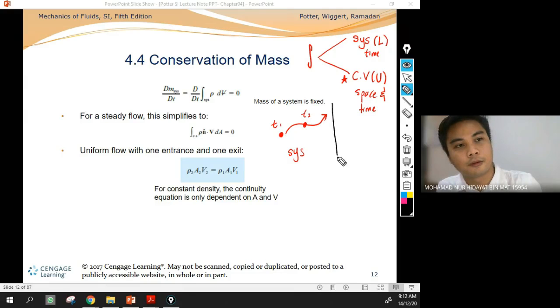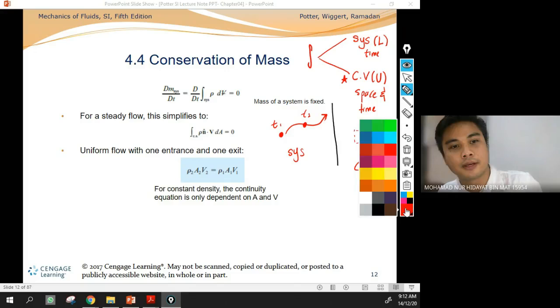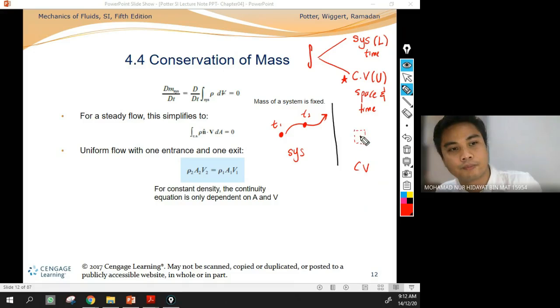However, for the control volume, we consider there is a box, right? And at time 1, this particle enters this region and then leaves this region. This is time 1, this is time 2.